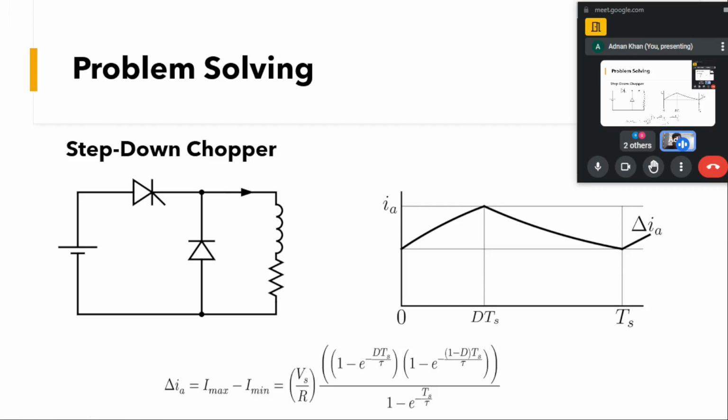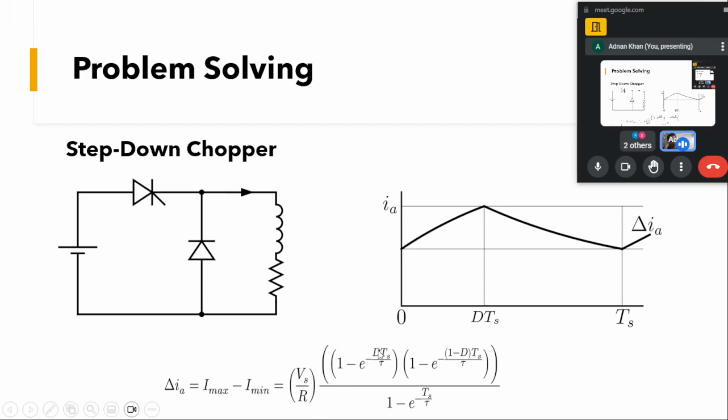As you would have gone through in the lecture that was taught, after solving the mathematics of this type of topology, we can see that the ripple in this kind of converter, delta I, that is the maximum value minus the minimum value, was given by this equation: Vs by R, times 1 minus e raised to the power d.